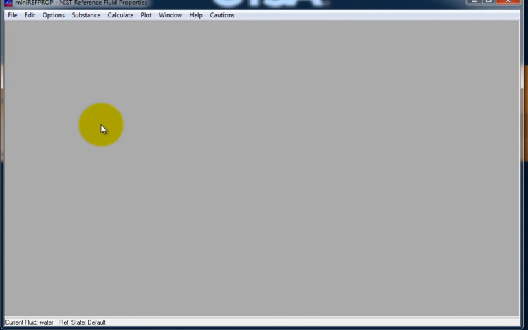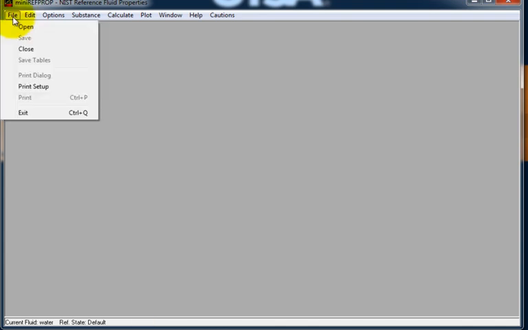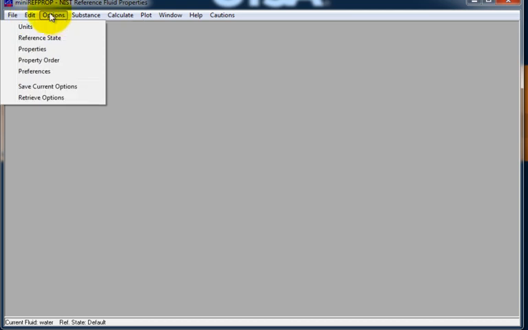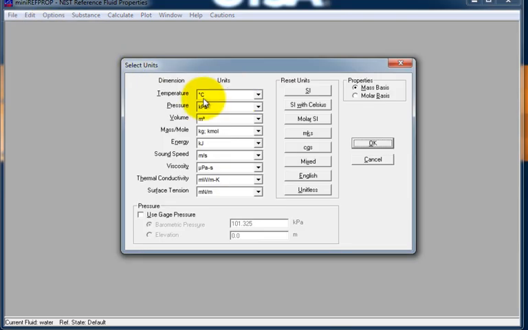All right, so under File, you can do some things. Let's not worry about that. Under Edit, you can do some things. Let's not worry about that. Options: options are units. So you can select, do I want to work in temperature in degrees C, Kelvin, Fahrenheit, Rankine? We're going to use C. You can work pressure in megapascal, bar, atm, millimeters of mercury, a lot of choices.